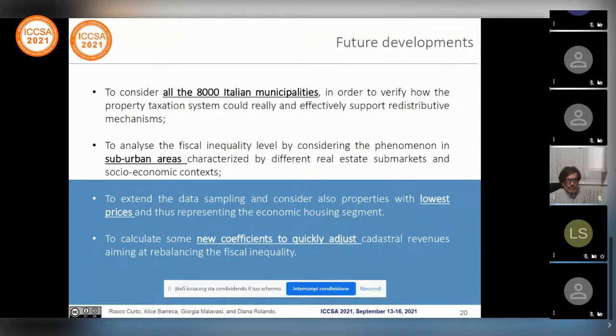So analyzing the suburban areas and the related submarkets. Also by considering properties with the lowest market prices, and by calculating new coefficients to quickly adjust cadastral incomes to rebalance the fiscal inequality.